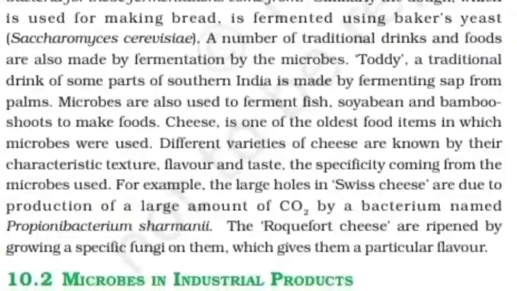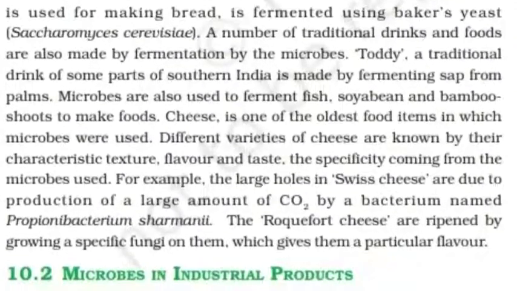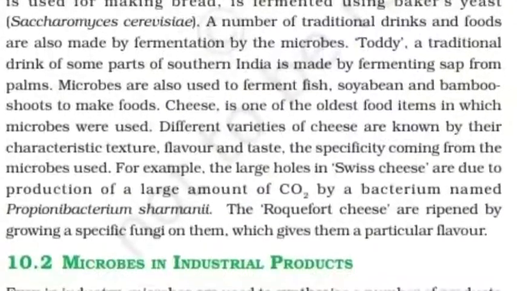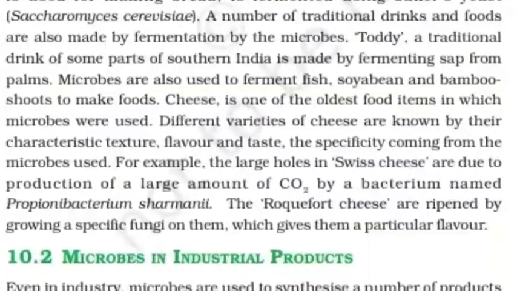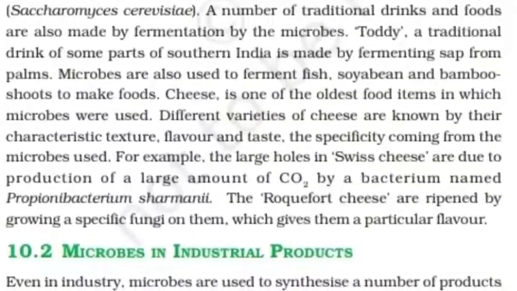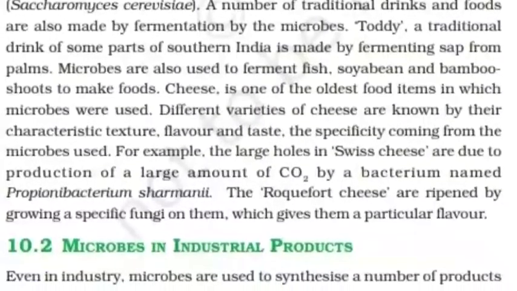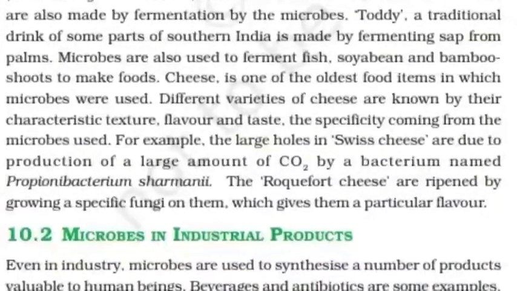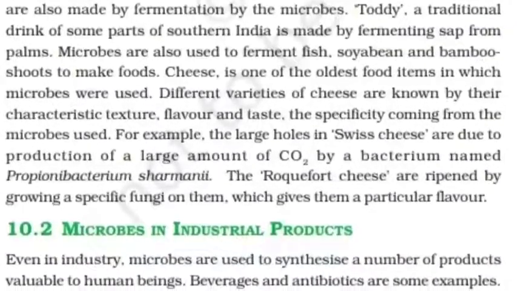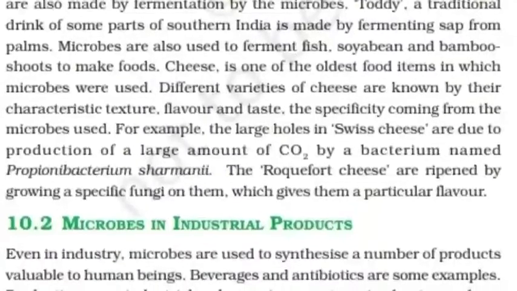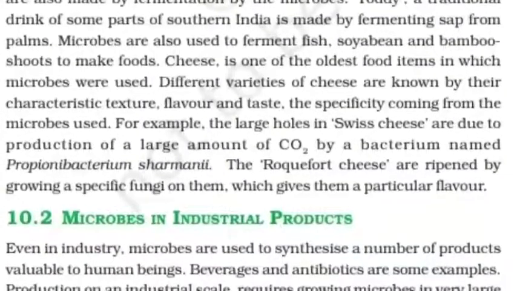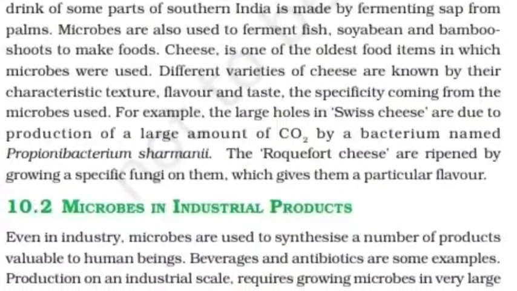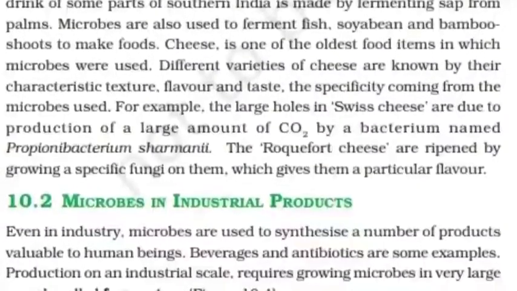For example, the large holes in Swiss cheese are due to production of a large amount of carbon dioxide by a bacterium named Propionibacterium shermanii. The Roquefort cheeses are ripened by growing a specific fungus on them, which gives them a particular flavor.